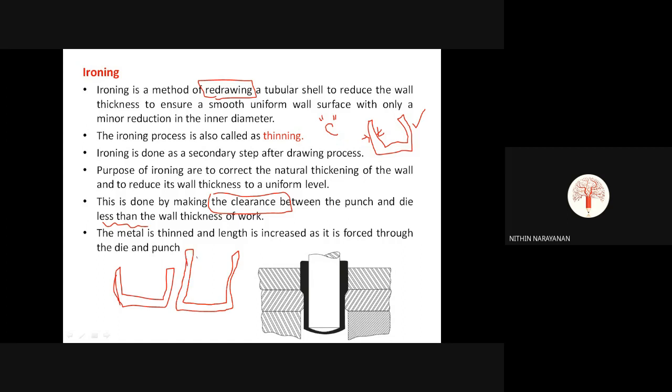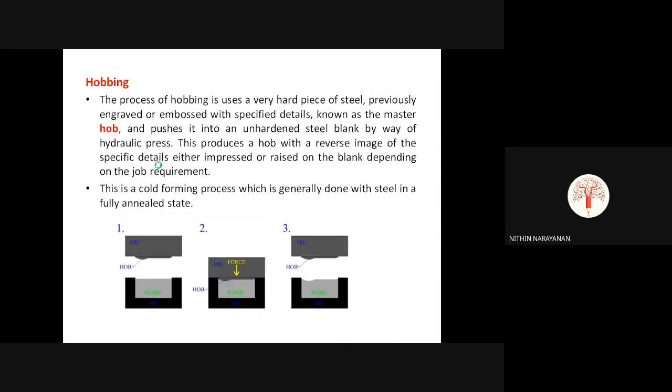In the second case we can understand the thickness is reduced, although the figure may not make it look that way. So this is the operation representing ironing. It is a simple operation.